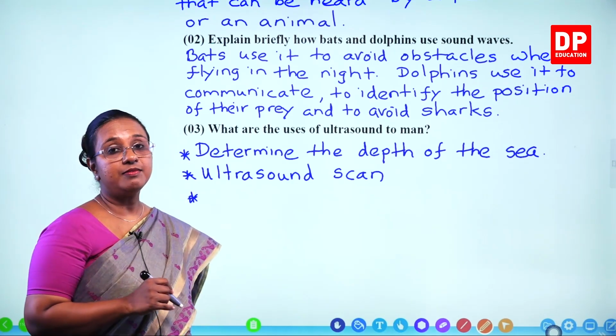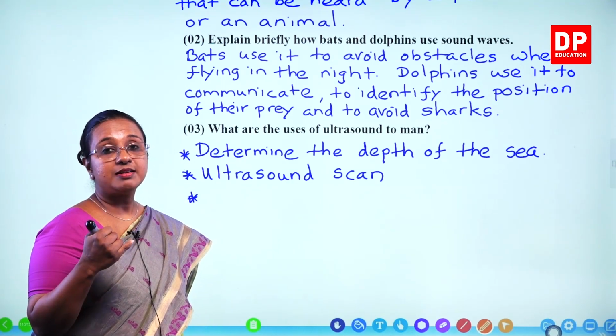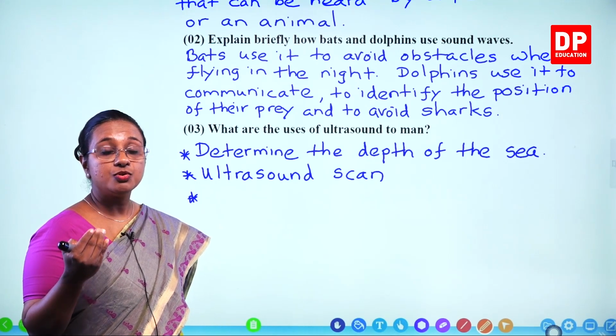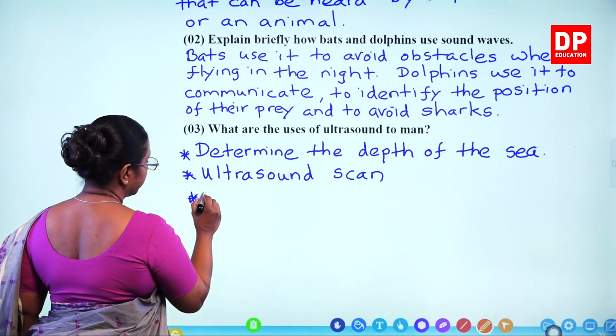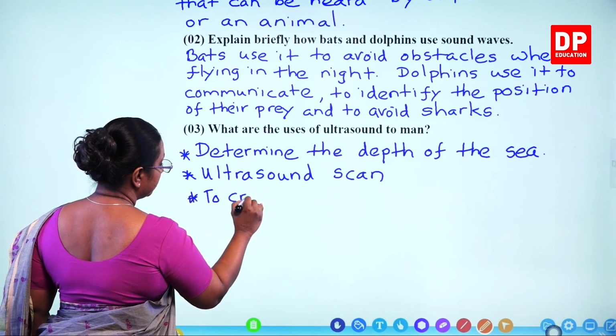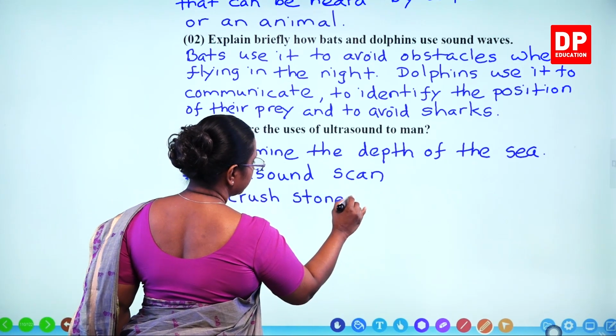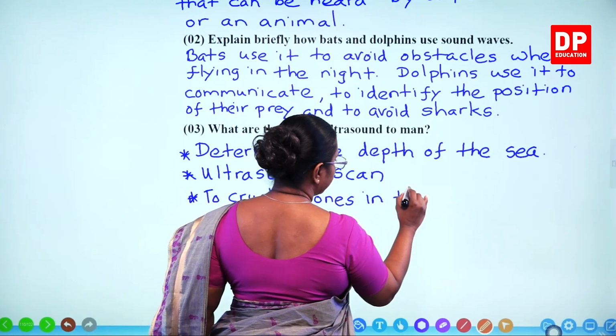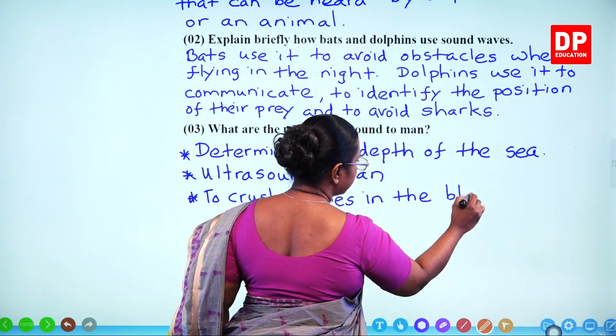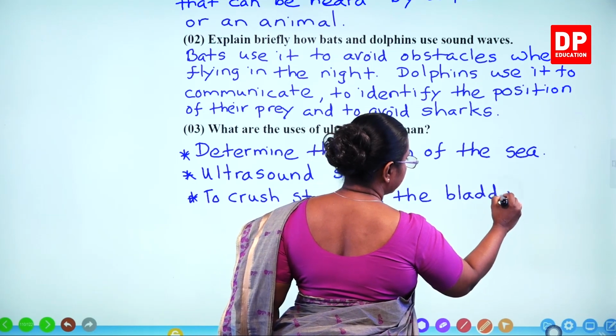Then we have the use of ultrasound in crushing stones in the bladder, to crush stones in the bladder.